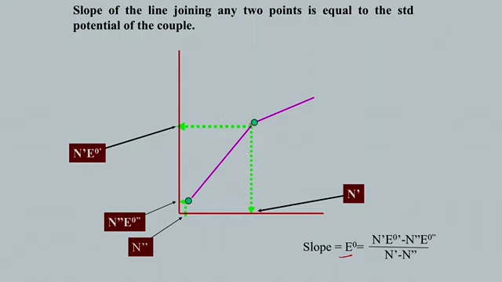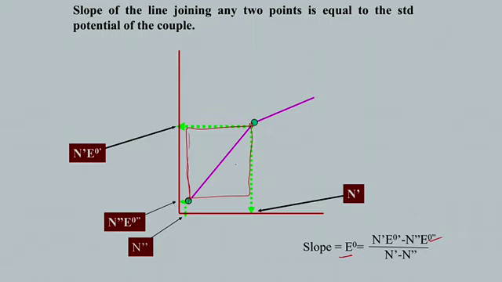Suppose I want to calculate the E0 of the redox reaction of these two redox couples. Simple, from the first diagram I will calculate the slope. So the slope will be n1E0 minus n2E0, divided by n1 minus n2.